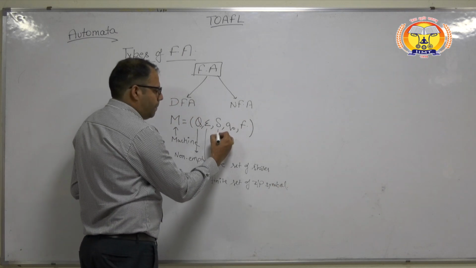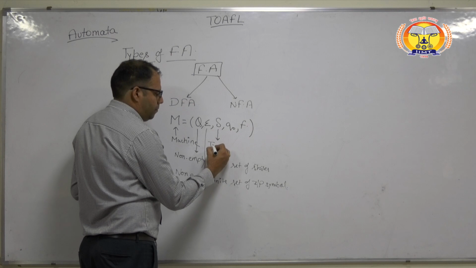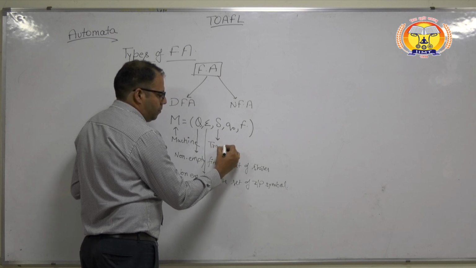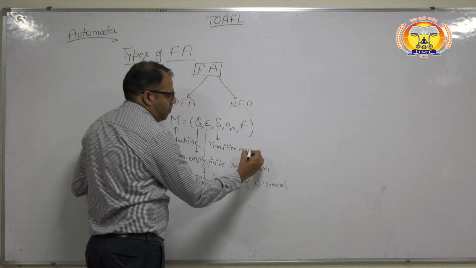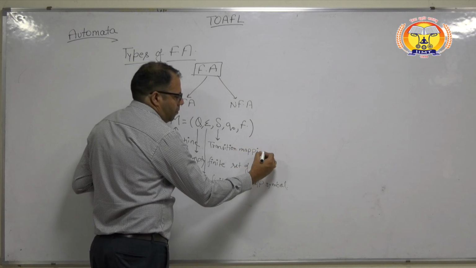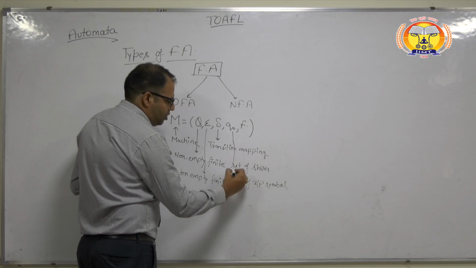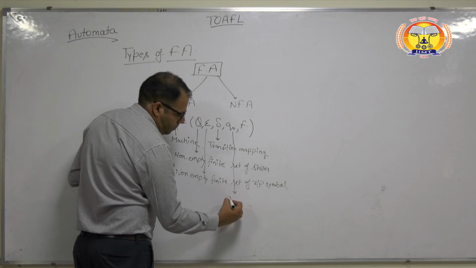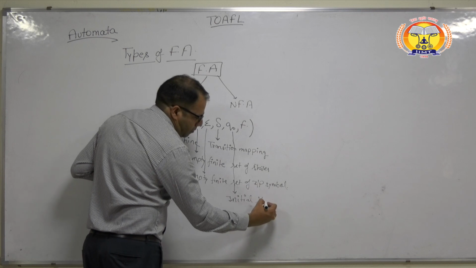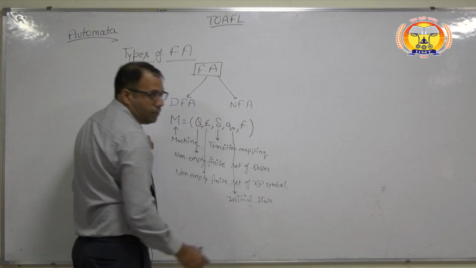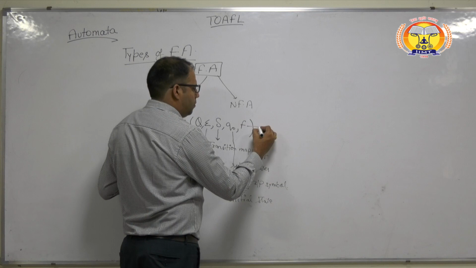Delta is the transition mapping. Q naught is the initial state. And F is the final state.